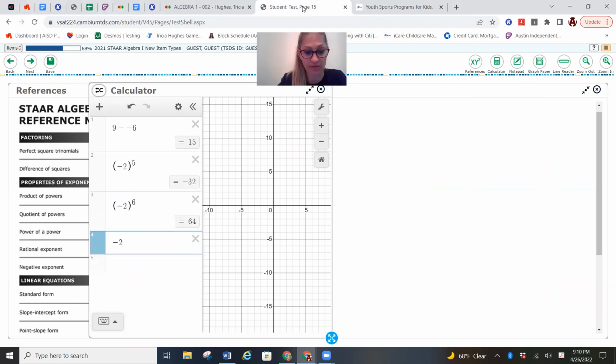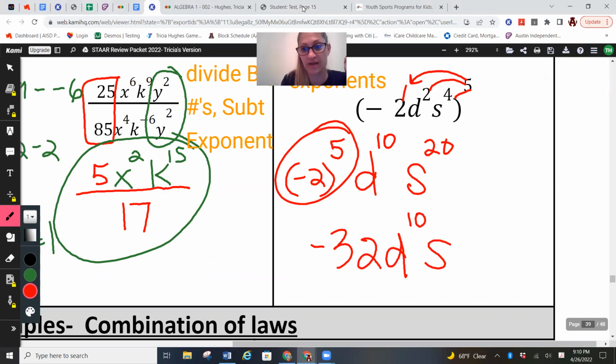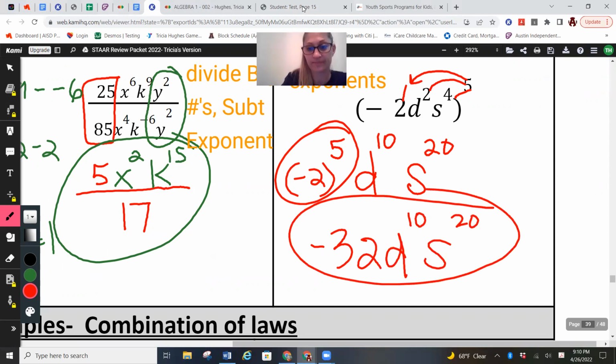Had I not used a parenthesis, it would have given me a wrong answer, a negative number. So I want to always put a negative number raised to an exponent in a parenthesis. Now I know my final answer is negative 32, D to the 10th, S to the 20th.